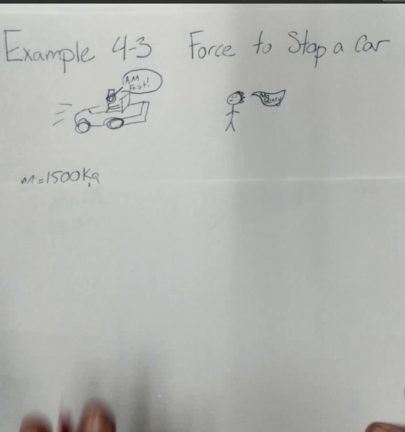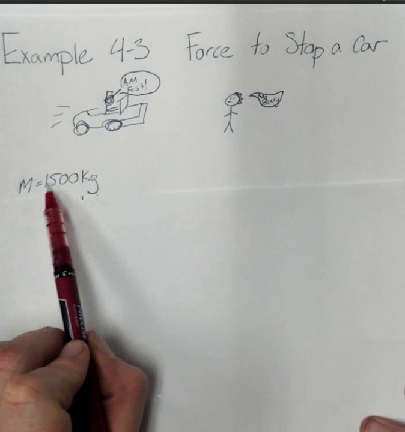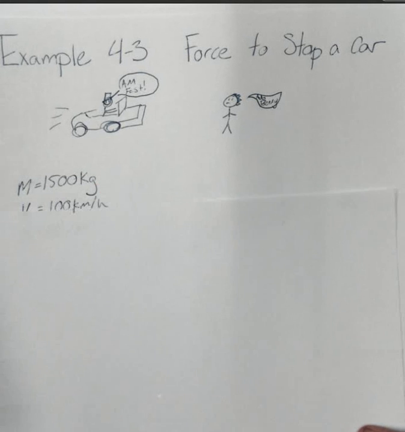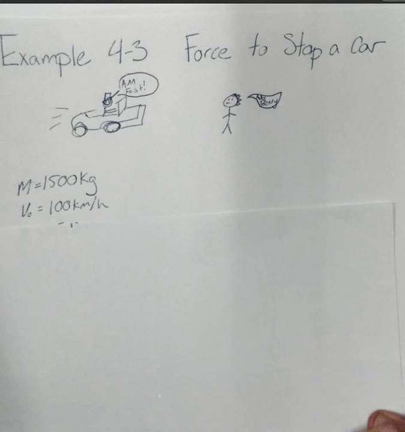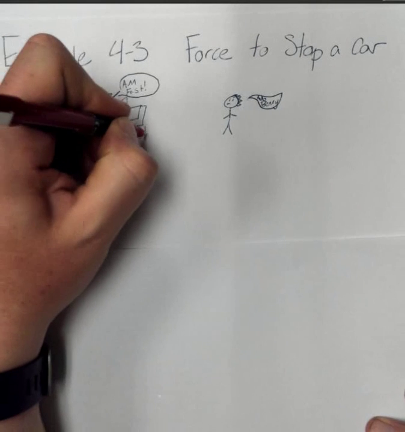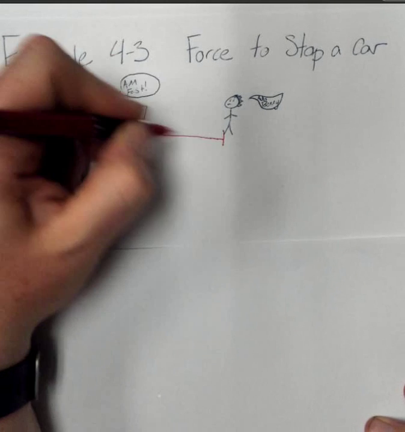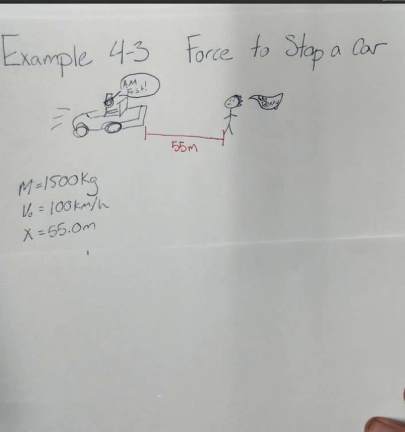So you know that Benny and the Benny car have a total mass of 1,500 kilograms. Benny in the Benny car is traveling at 100 kilometers per hour, and Benny needs to stop within 55 meters in order to not hit you.